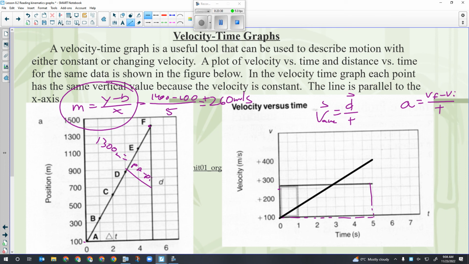Because on this graph, y would be my final velocity, b would be my initial velocity, and x would be time. Okay. All right. Could I calculate the displacement of this line here, the diagonal line?